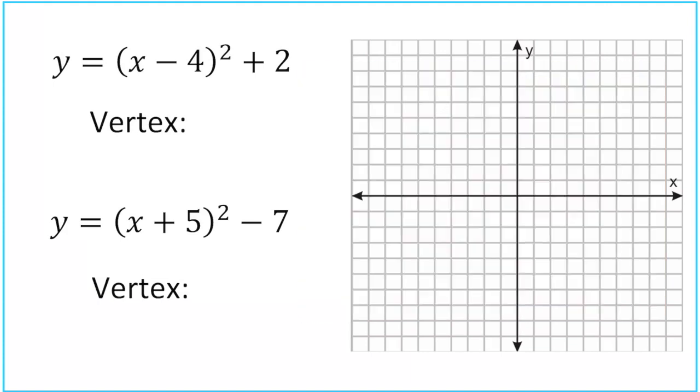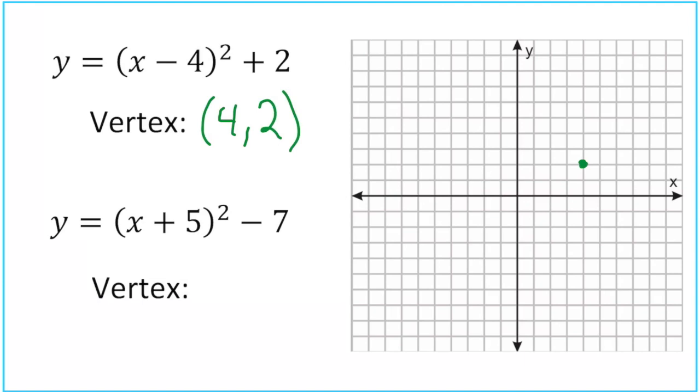All right, so the opposite of -4 is 4. And then the k value is just the y value of the vertex, whatever you see on the outside. You don't change that sign, just the inside. So we go to that point, 4, 2. That's our vertex. And now we just use our pattern.